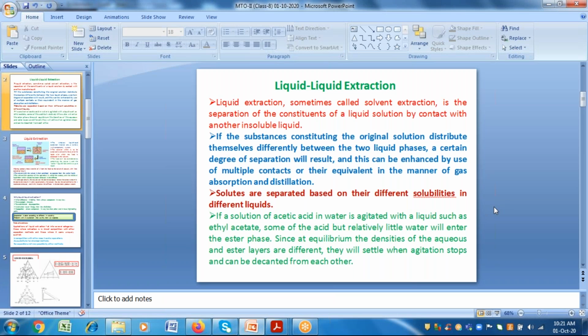So as I was explaining, liquid extraction is one of the important operations in the chemical process industry, and it is also an energy-intensified operation where you may not require as much energy as is consumed in other operations.